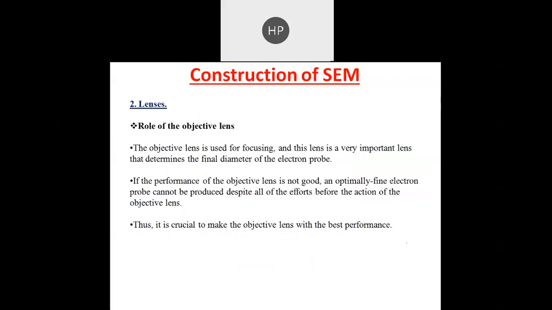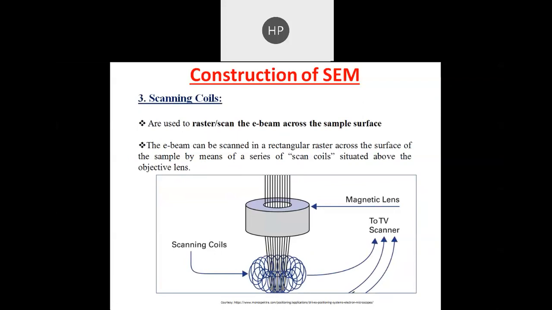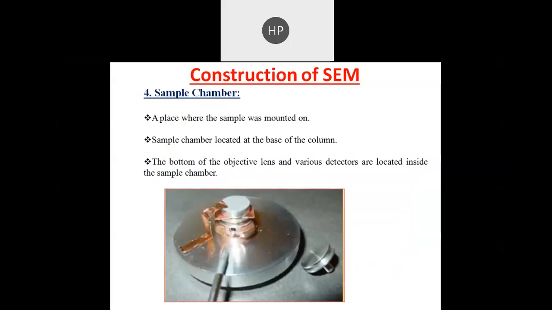Then scanning coils. For reducing the size, we have to pass some current through a coil, and that coil is known as a raster scan coil. Then to examine any object, we have to mount that sample in a place, and that place is known as the sample chamber.